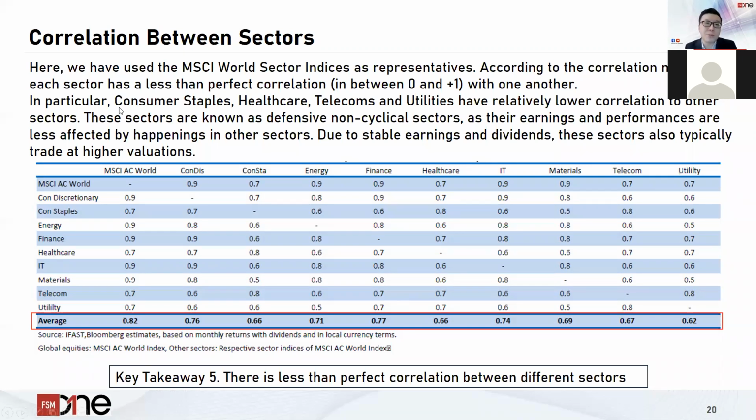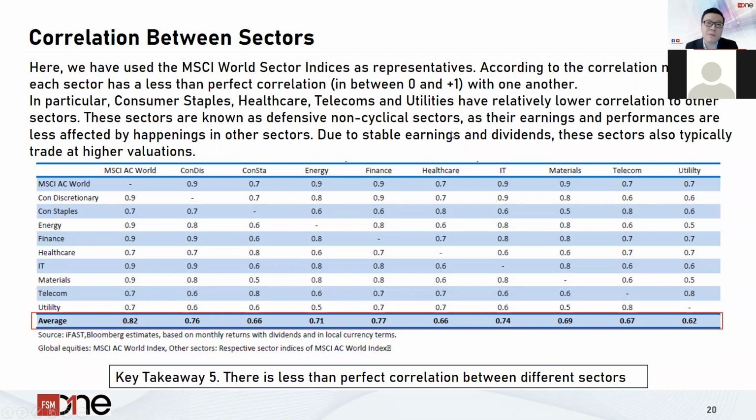People will continue to consume the consumer staples like your rice and stuff, your food and beverages. Then healthcare, people will still need to see doctor during even economic recessions. Telecoms, people still need their mobile phones, and utilities will be your electricity and water, all this. So these are what we call defensive sectors.